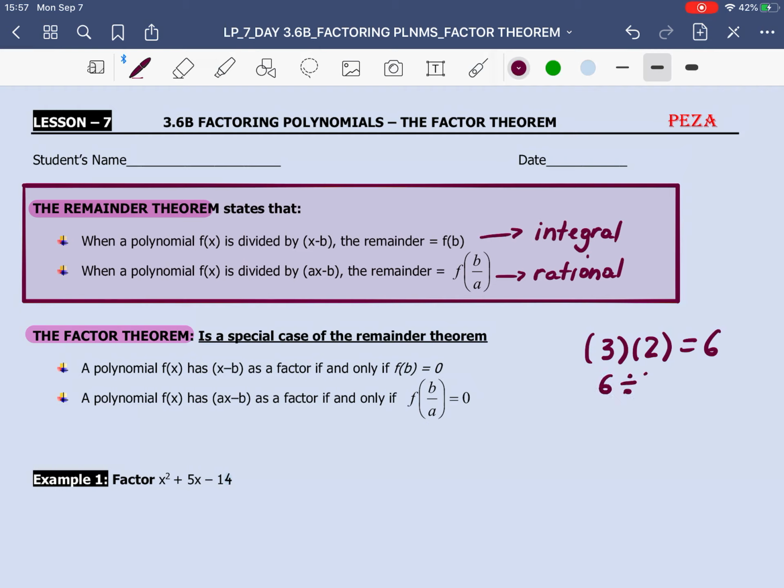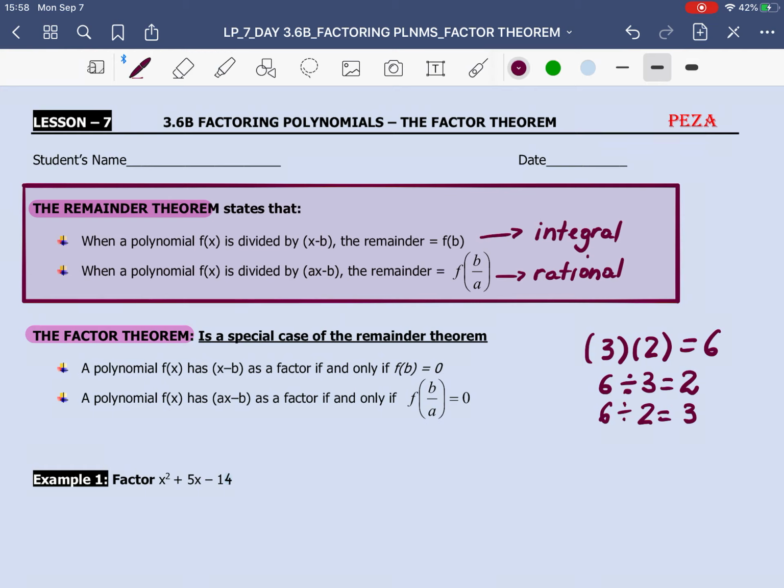If we divided number 6 by either one of these factors, the answer will be a quotient with no remainder. So if you divide 6 by 2, you get 3, no remainder. If you divide 6 by 3, you get 2, no remainder. And that is what's special about factors. So the factors will divide a number evenly with no remainder.